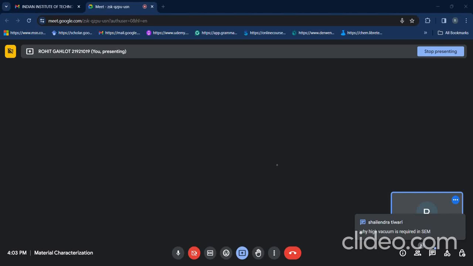Also, if air is present, the electrons would collide with gas molecules and probably won't reach your sample, so how would you do the imaging? These are some of the reasons why vacuum is required; there may be others. I hope I was able to clear it up.